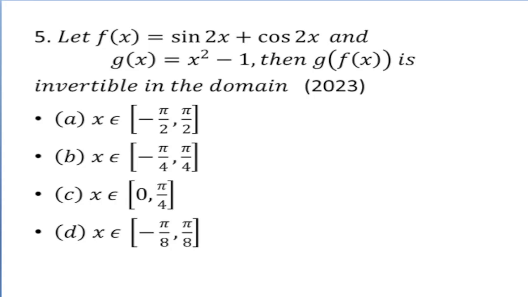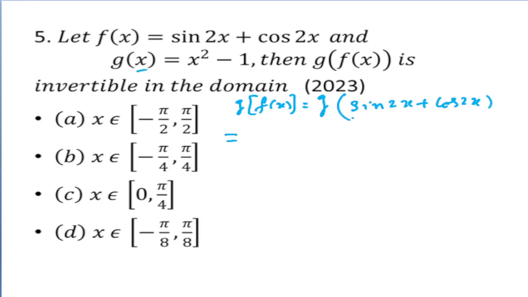They have given two real functions. Let us find out g of f of x. What is f of x here? f of x here is sine 2x plus cos 2x. Put this value in g of x wherever you have x.